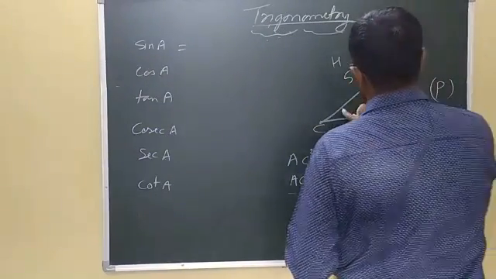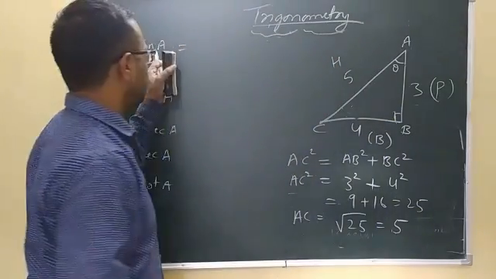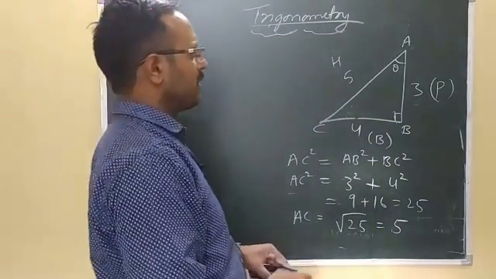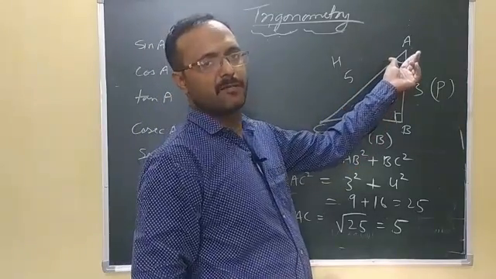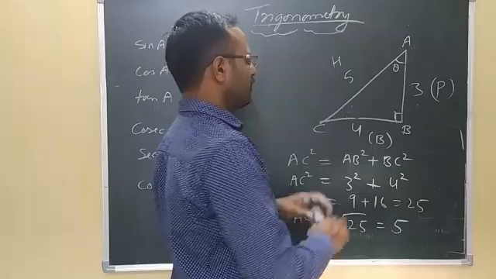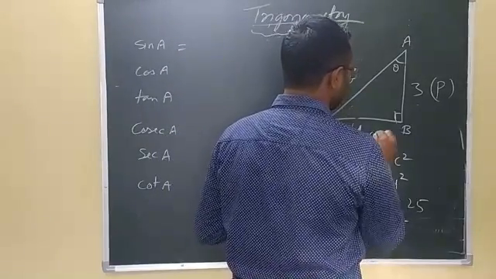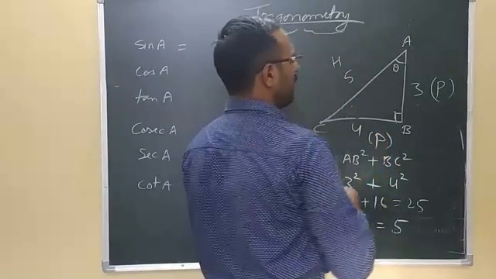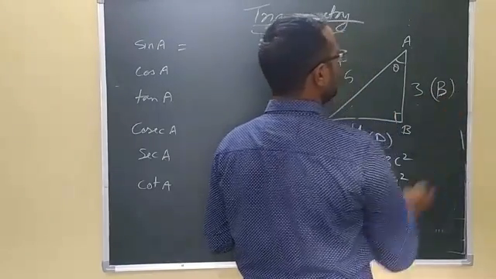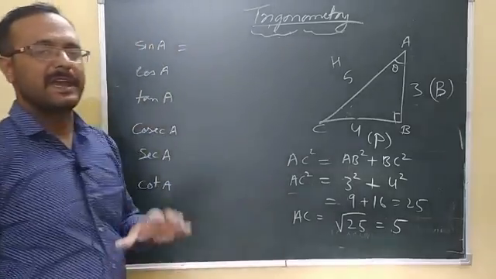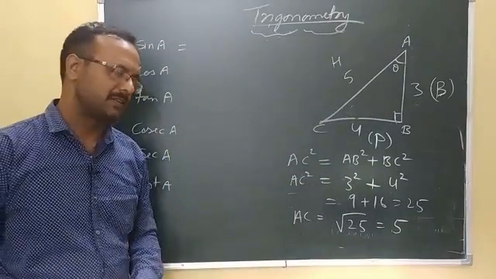You can see theta is here because we have to find A. So according to this, the opposite side of angle A is BC. So you have to take this as P now. The adjacent side to this will be this one, so it will be B, and this will remain H only because it is opposite to 90 degree.